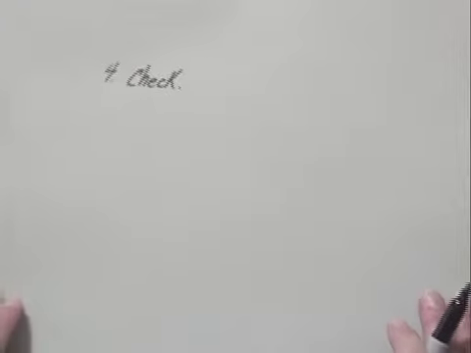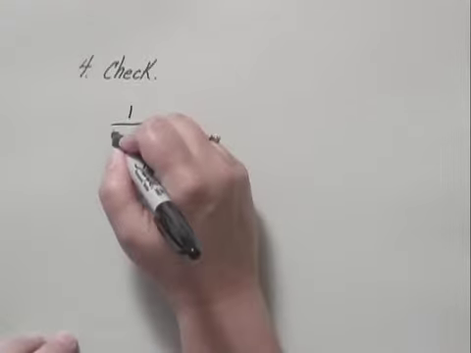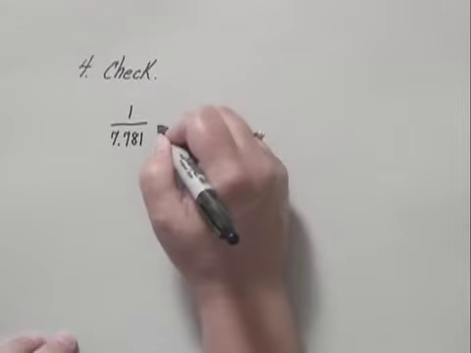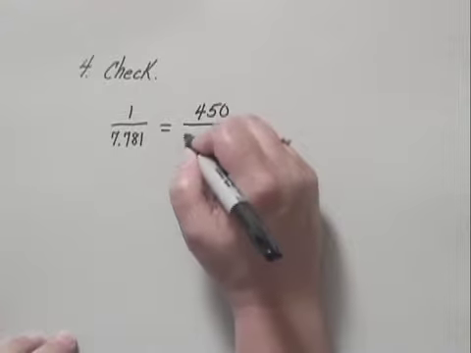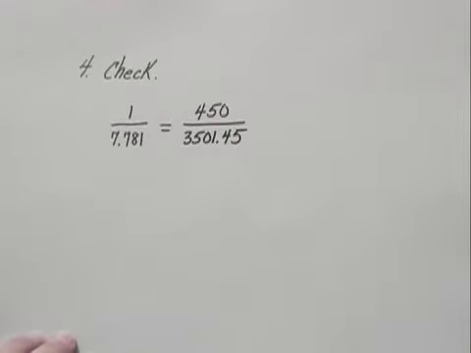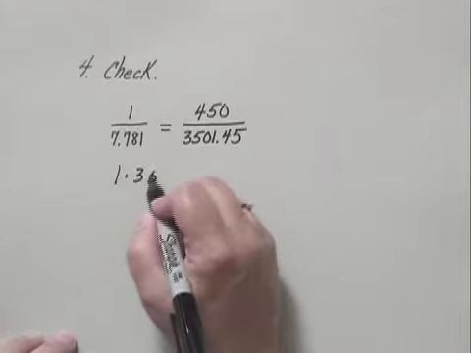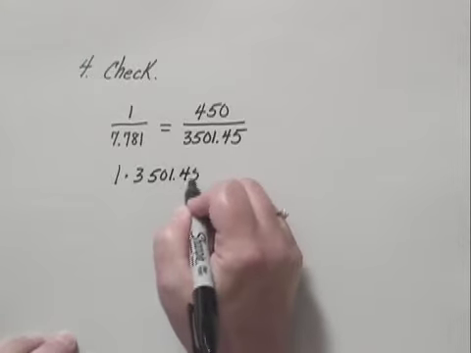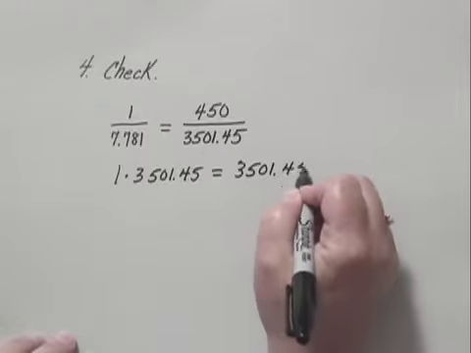To check, we could actually rewrite the proportion. We have 1 over 7.781. Does that equal 450 over 3,501.45? Well, let's check the cross products. 1 times 3,501.45 is 3,501.45.